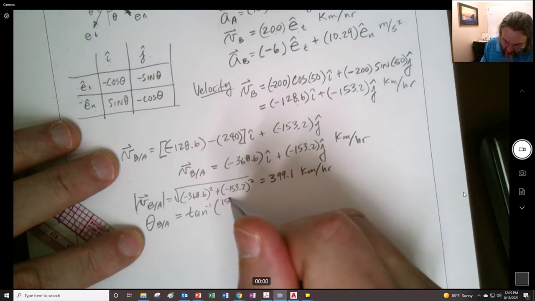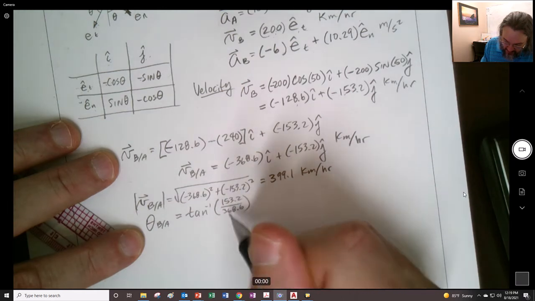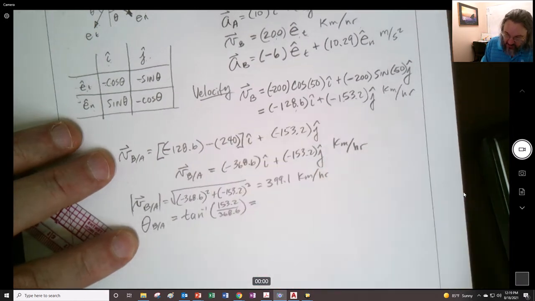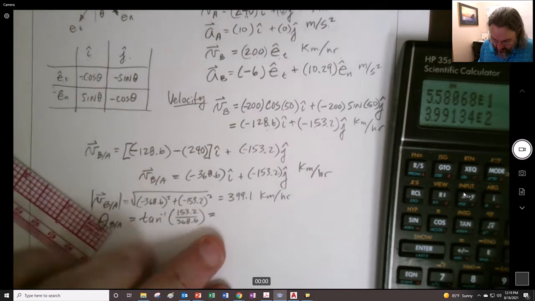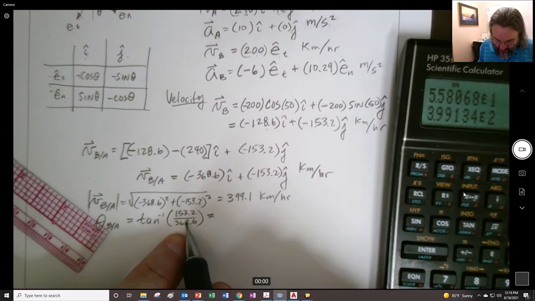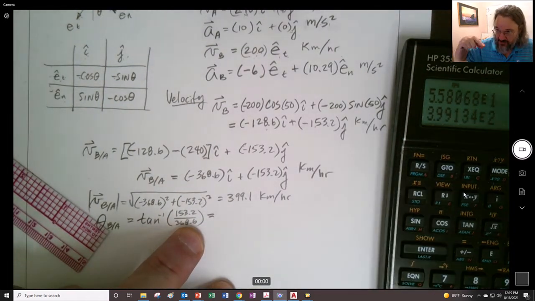But 153.2 and 368.6, and I'm ignoring the negative signs because that just tells me it's in the lower left-hand quadrant when I'm done. As long as I have the y over this, we know it's with respect to horizontal, right?